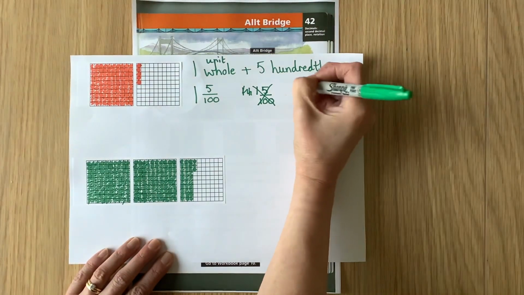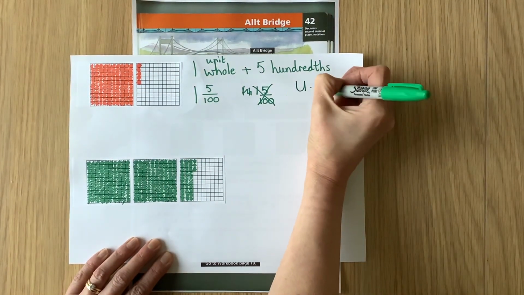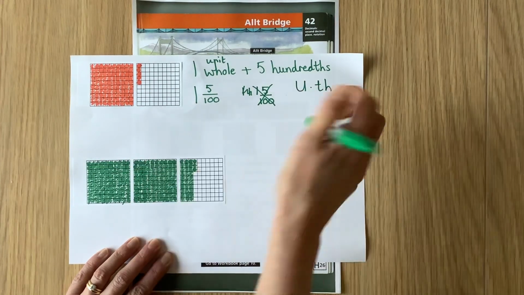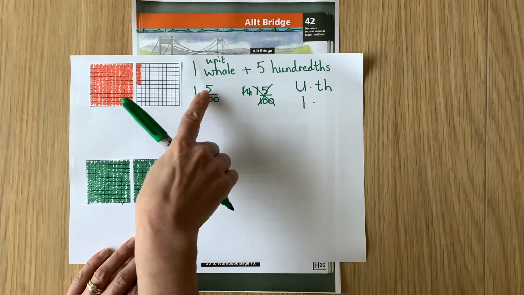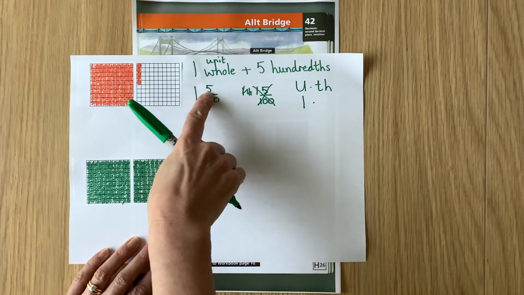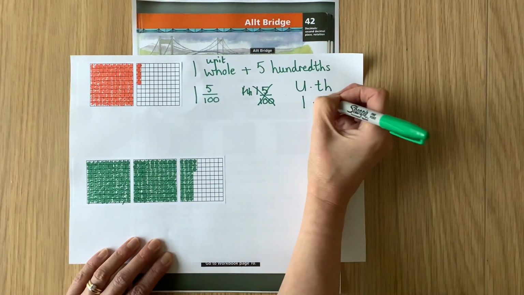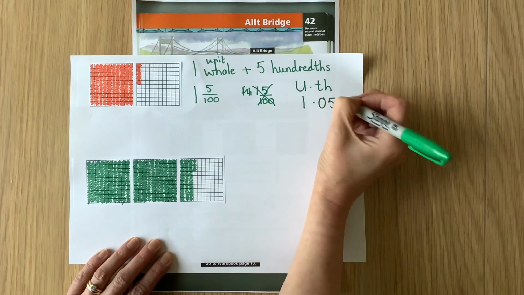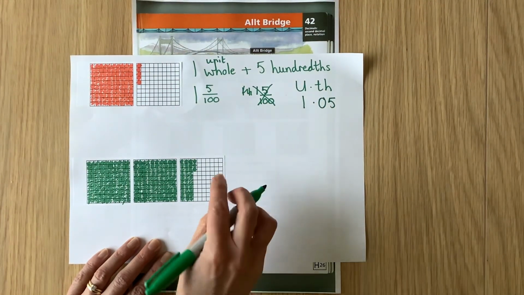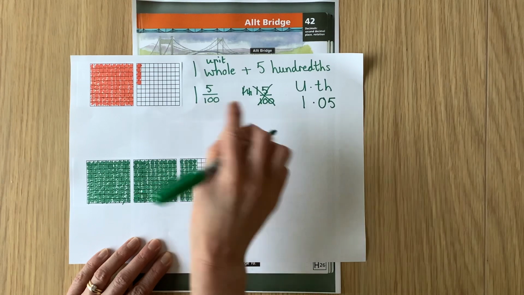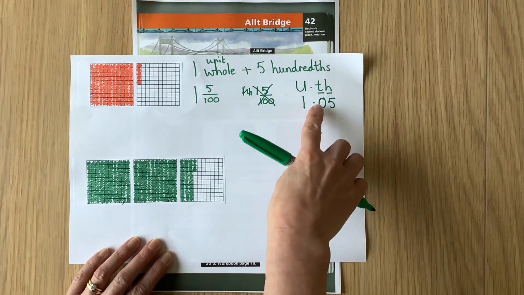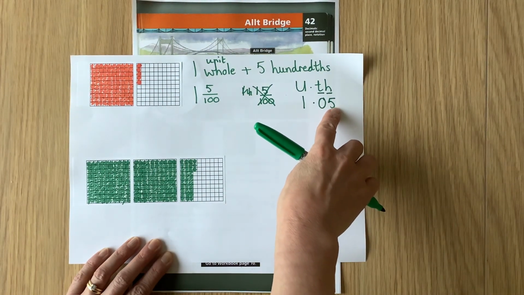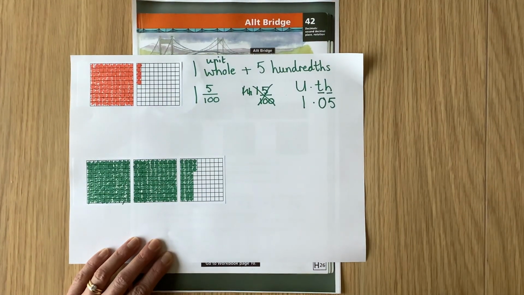Well, as a decimal, if I'm thinking about my units, I've got 1 full unit. So the 1 goes before the decimal point. The 5 has to go after the decimal point, but it has to be 0.5. Because when I'm thinking about hundredths, I have to have 2 numbers after the decimal point. So 1.05. Be careful where you put that 0.